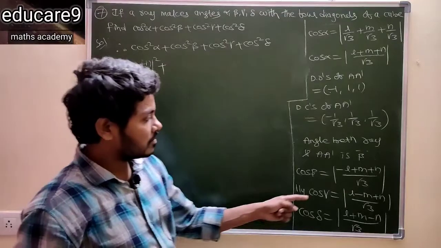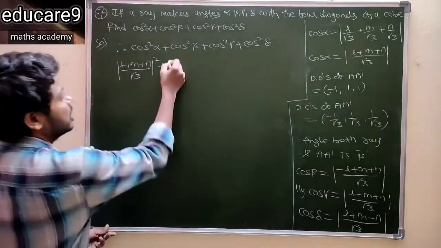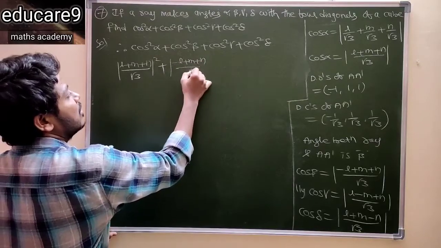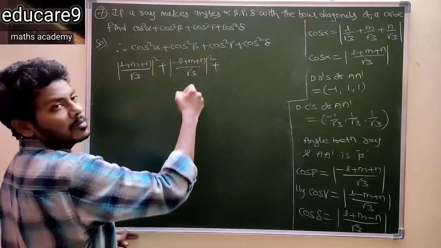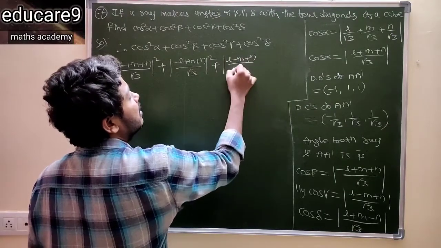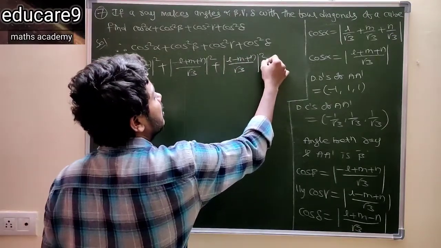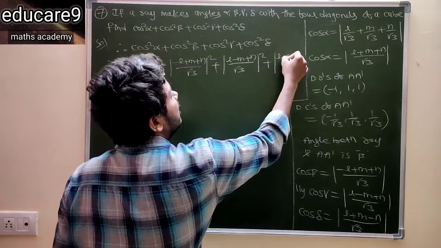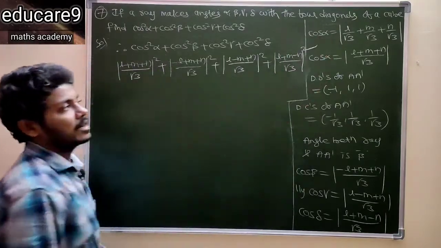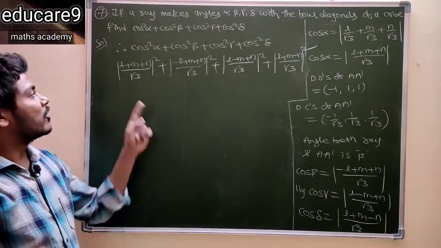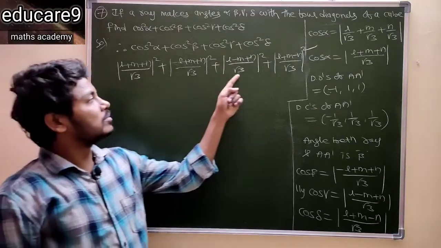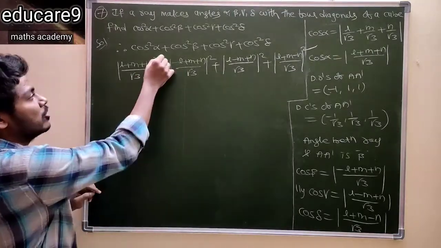Cos beta is minus l plus m plus n by root 3 whole square. Plus cos gamma, l minus m plus n by root 3 whole square, plus l plus m minus n by root 3 whole square. Now find the sum of these squares. What is the LCM? 3 only, since root 3 whole square is 3.